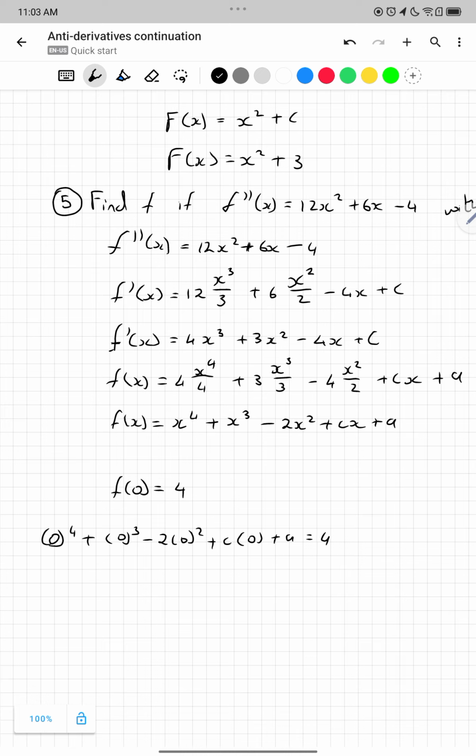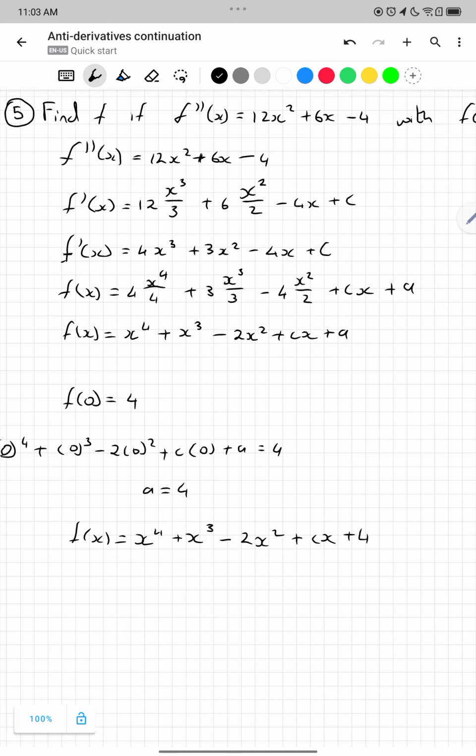So all these zeros are 0, so a is equal to 4. So we have f of x is equal to x to the 4th plus x to the cube minus 2x squared plus cx plus 4. And now we're looking for c.